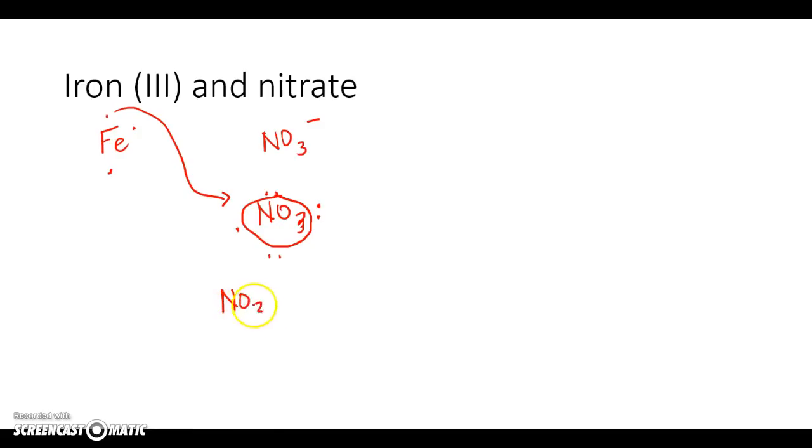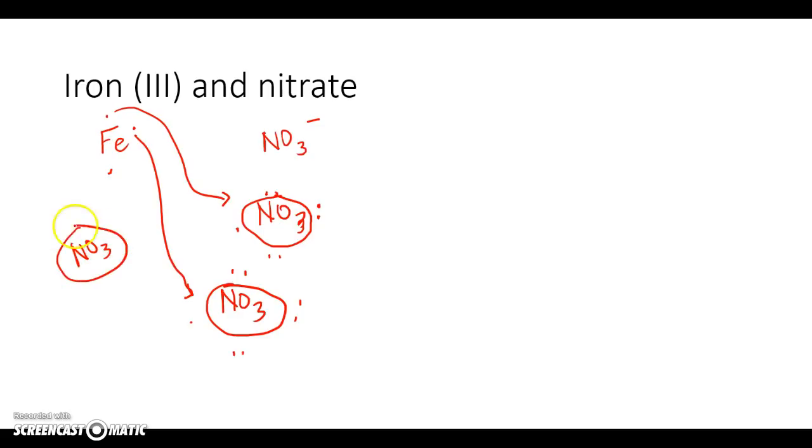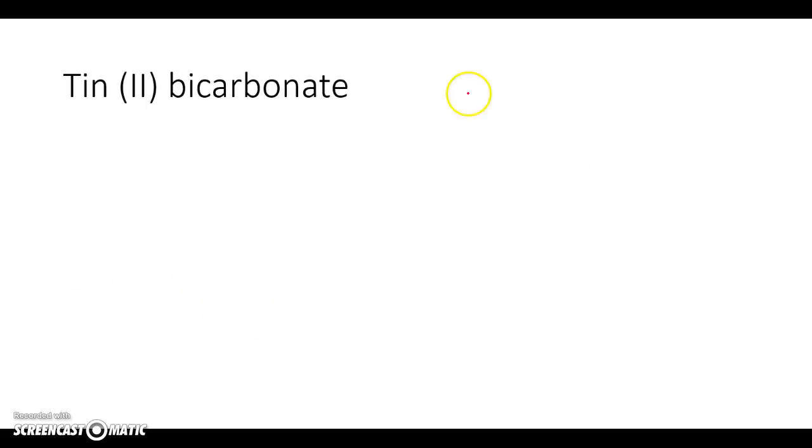And that satisfies nitrate's octet rule. However, iron still has 2 electrons that it wants to get rid of. So it means we need to have a total of 3 electrons. So in this case, this would be written as Fe(NO3)3.